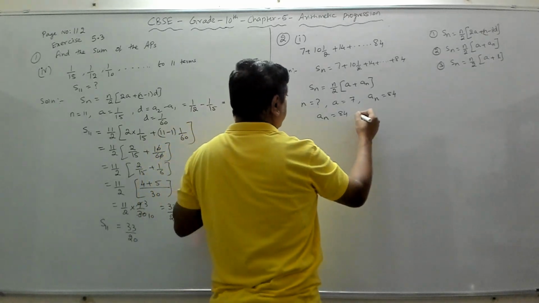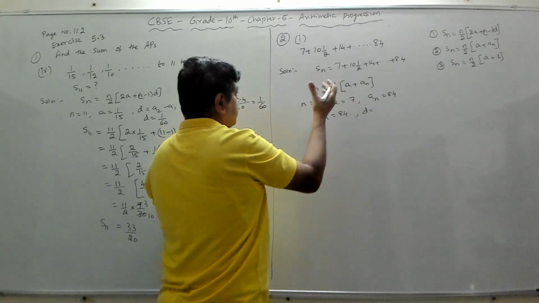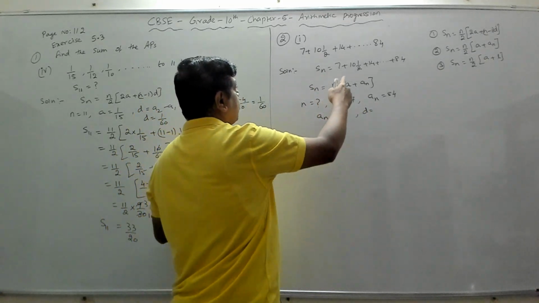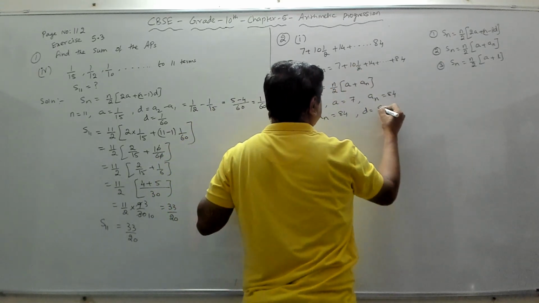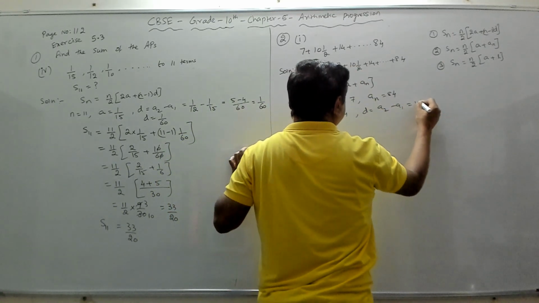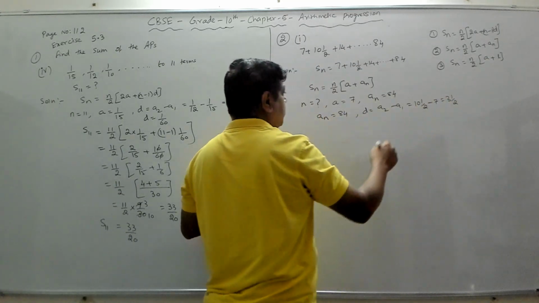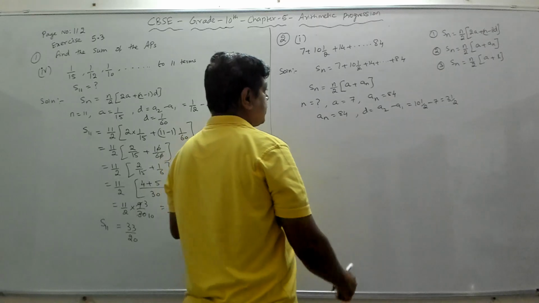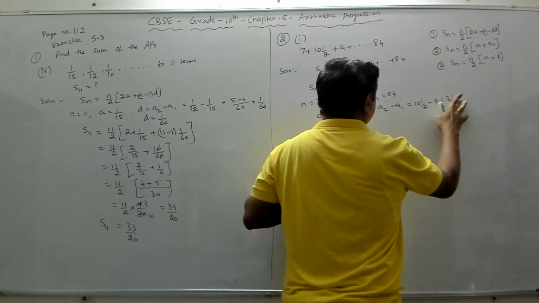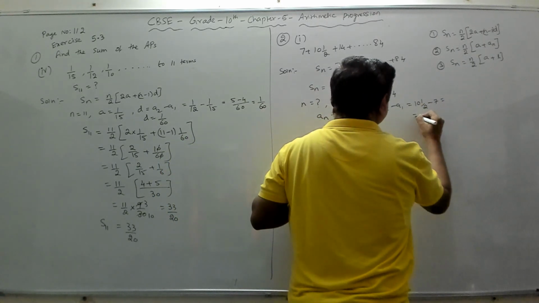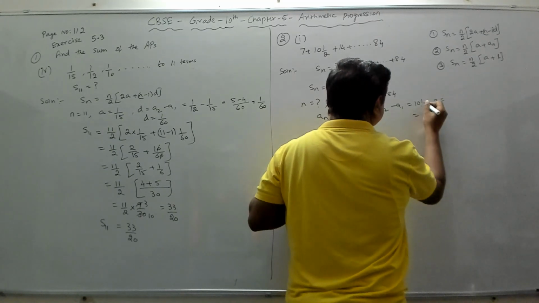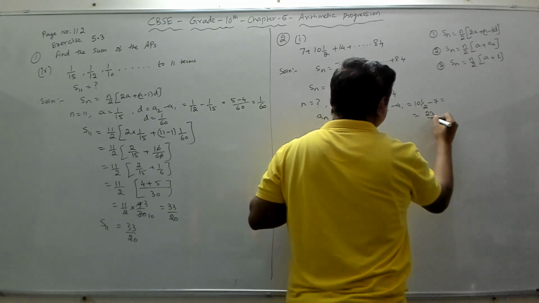And let's try to find what d is also. So let's find the common difference. Common difference is what? a2 minus a1. So a2 minus a1, which is 10 1 by 2 minus 7, which is 3 1 by 2. If you do the fraction subtraction, you'll get 3 1 by 2. Or I'll do that and show you. That's fine. So 10 1 by 2 means 21 by 2, minus 7.